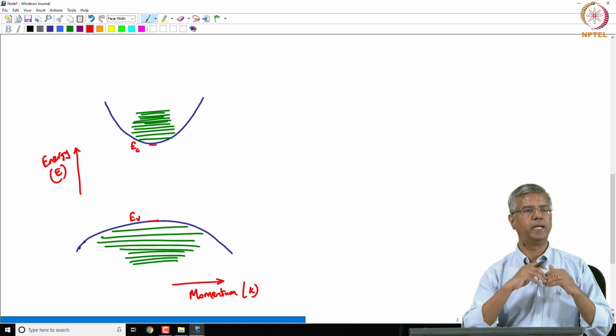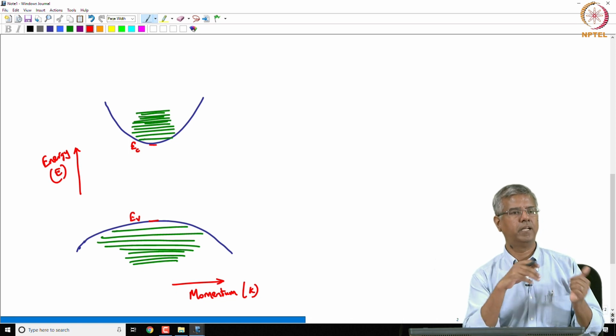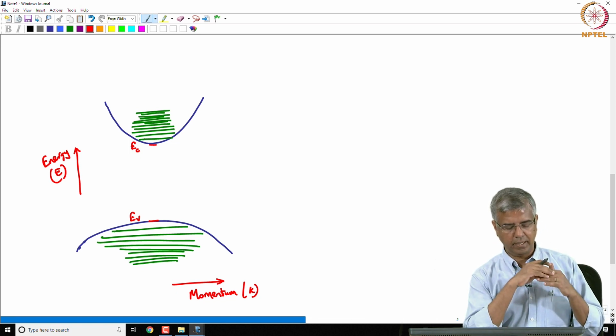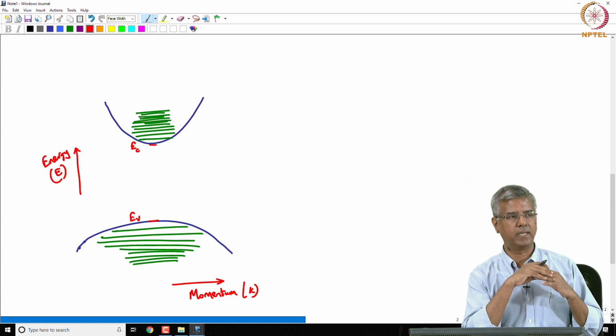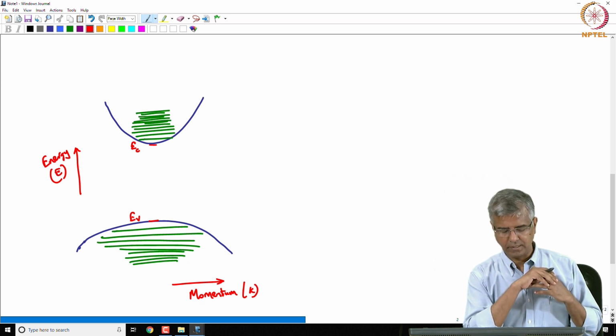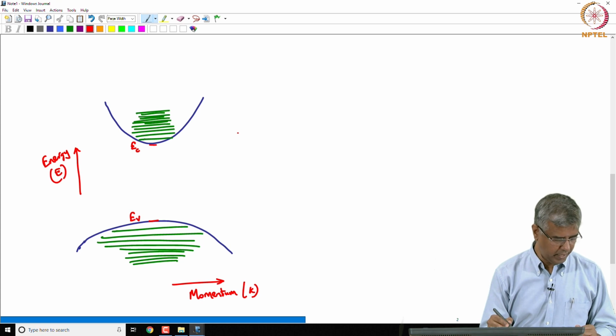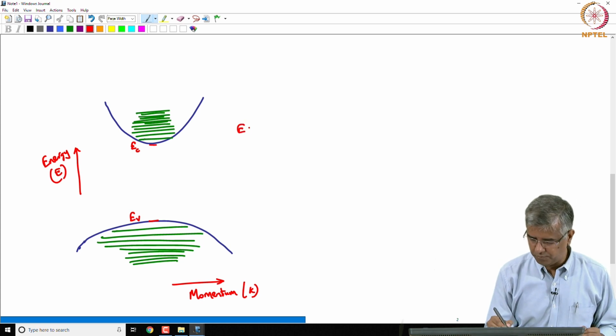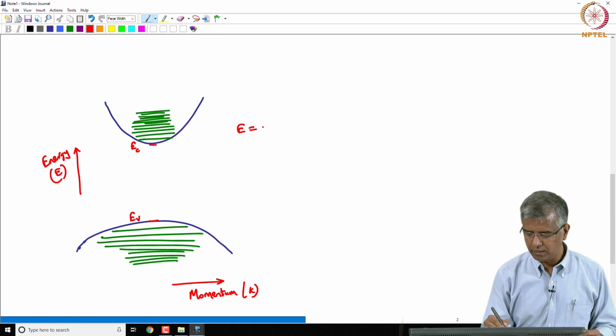The topmost energy level in the valence band we are defining as EV, and that bottommost energy level in the conduction band we are defining as EC. Then we will see that the energy of an electron in the conduction band has to satisfy this expression.